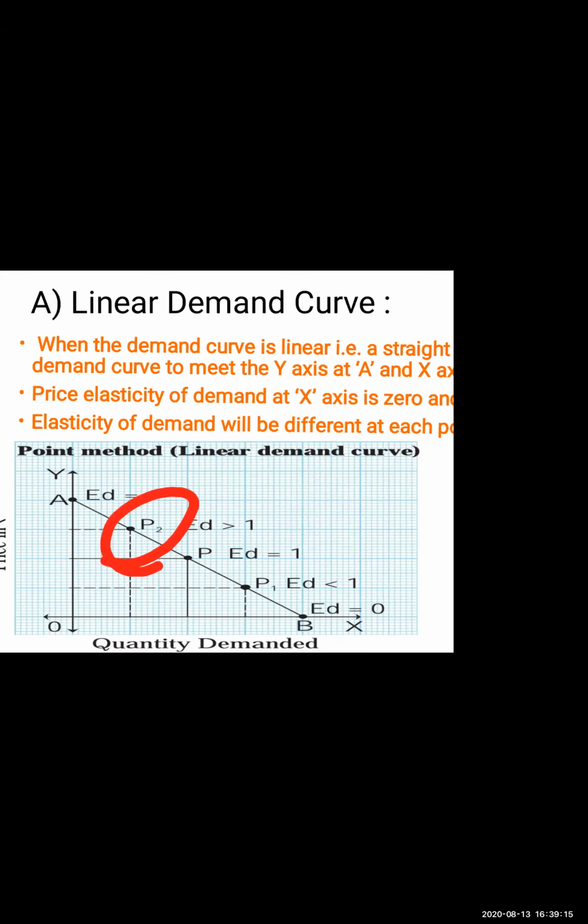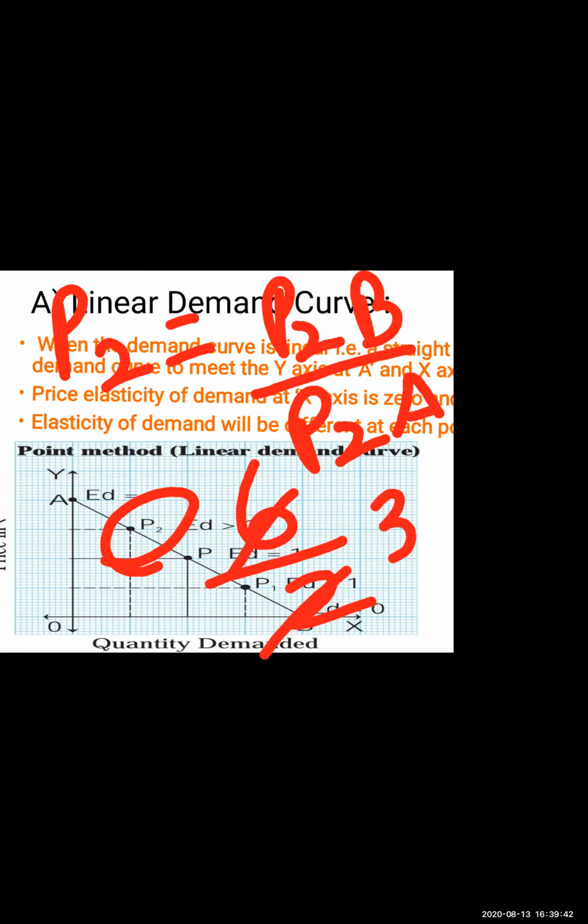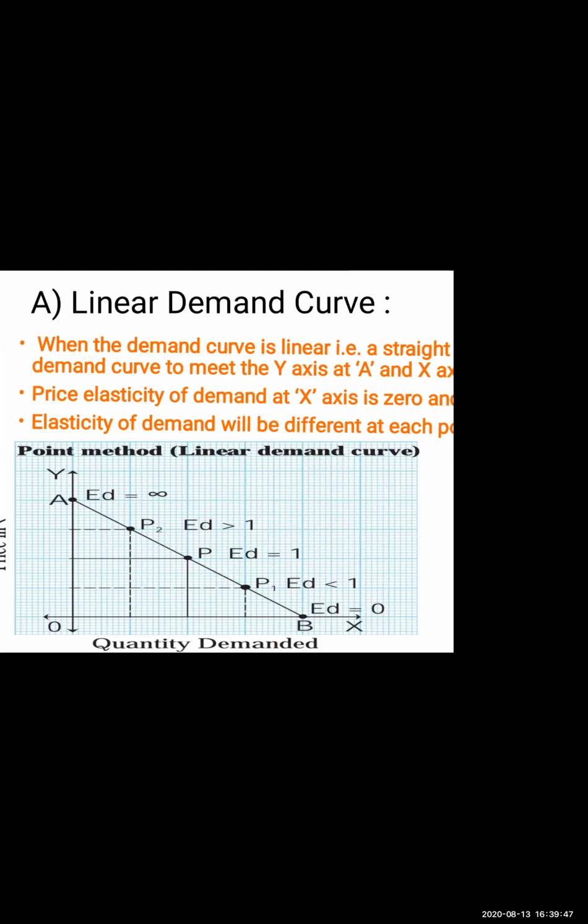P2 is equal to P2B upon P2A. P2B is 6 and P2A is 2. 3 is the answer. Elasticity of demand is more than 1, so it is relatively elastic demand.